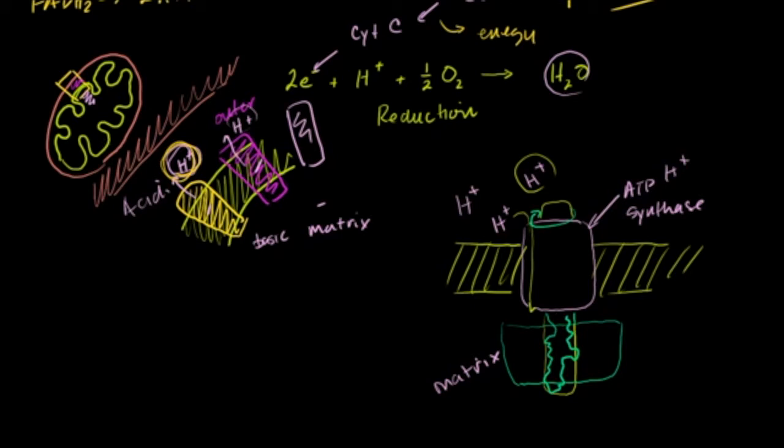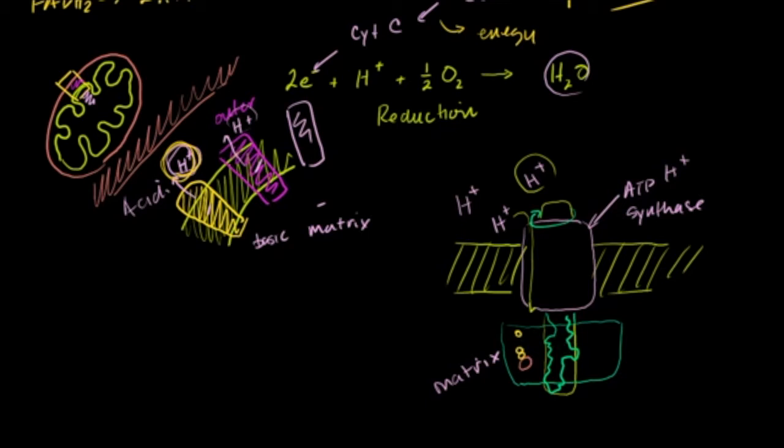An ADP molecule, let's say this is the A part of the ADP, and then you have two phosphate groups, will attach to one part of this protein, and maybe a phosphate will just randomly attach to another part of this protein. So right now it's just ADP and a phosphate.